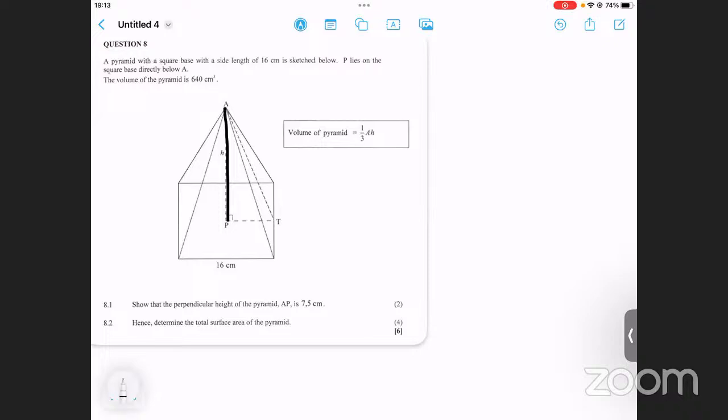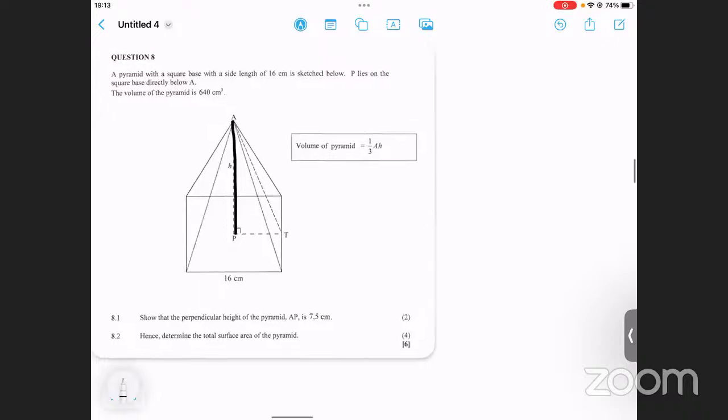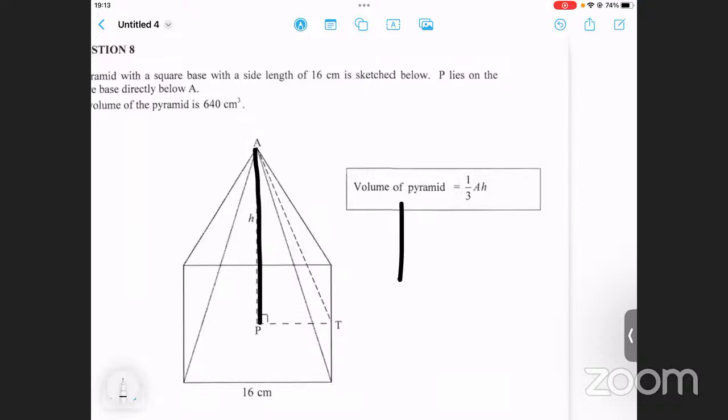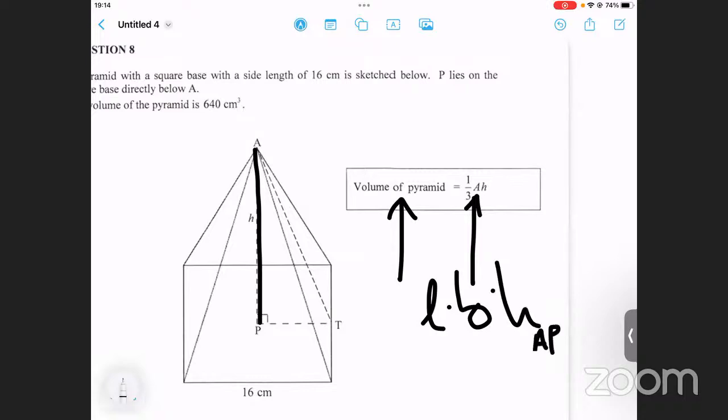But wait, do you guys notice something? We do have the value for the volume. Obviously, we know that the area should be equal to length times breadth. To make it the volume, we multiply by height, which is that height of AP.